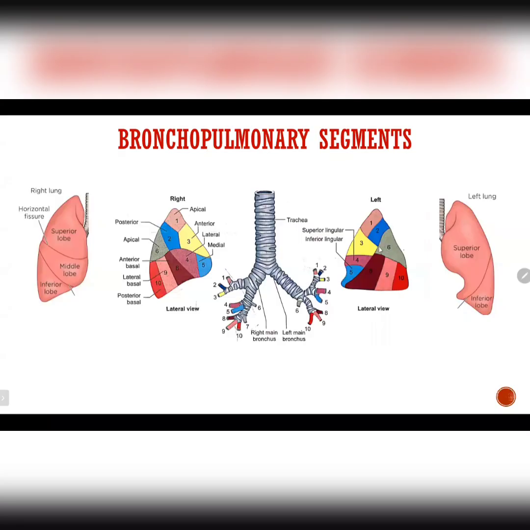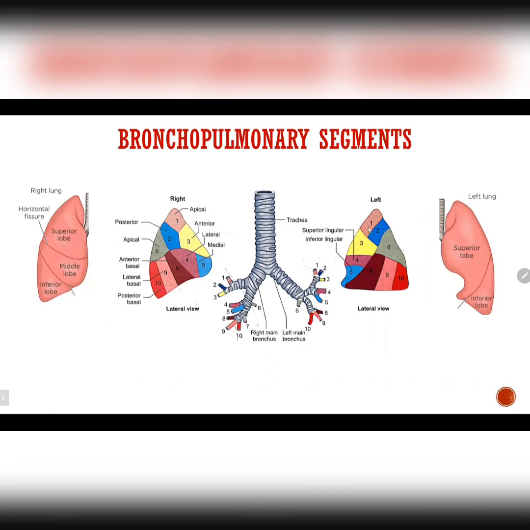Most of these segments are the same as the right, except the left lung has no middle lobe. For the upper lobe, the superior lobe, the first 3 bronchopulmonary segments have the same names as the right.